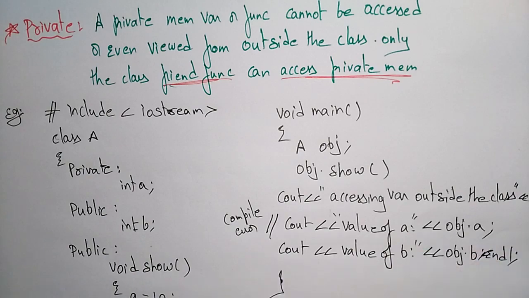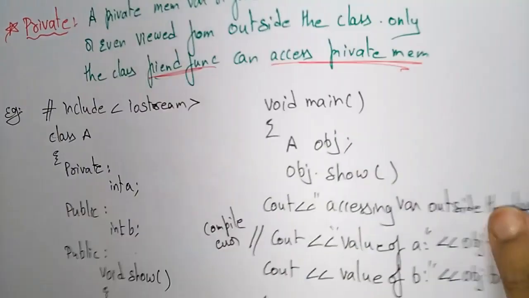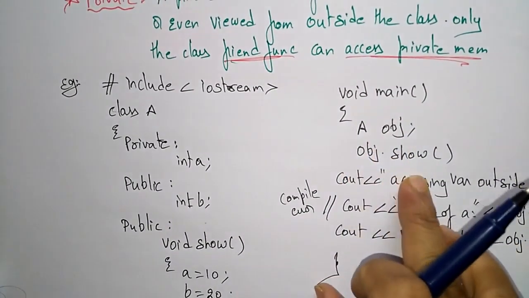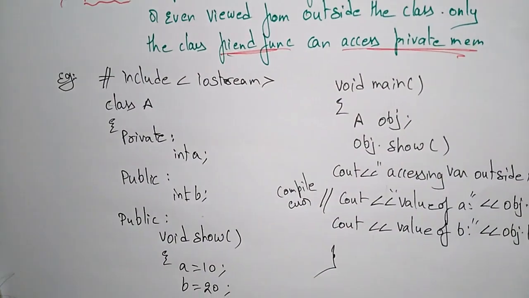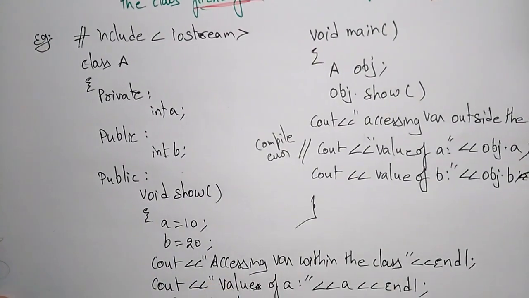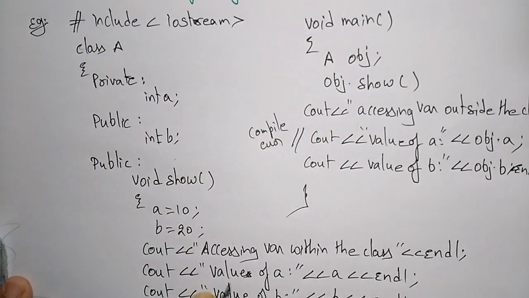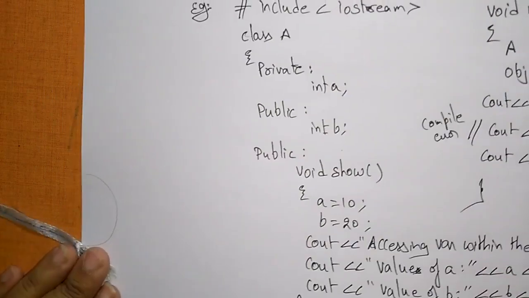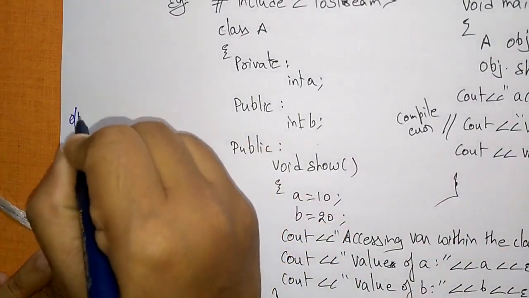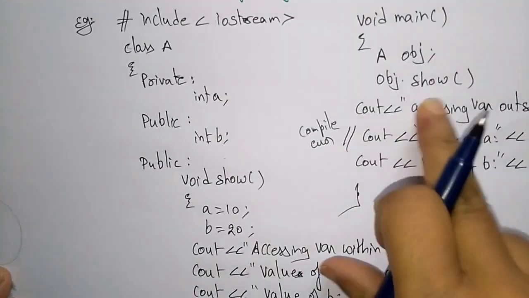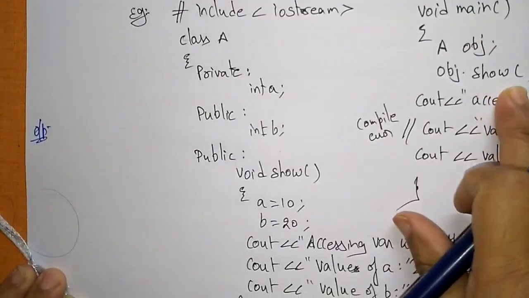So what will be the output? Whenever I run this program, the object is created, and obj dot show means it comes to the function here and enters these values. First it reads this function because I'm calling obj dot show.